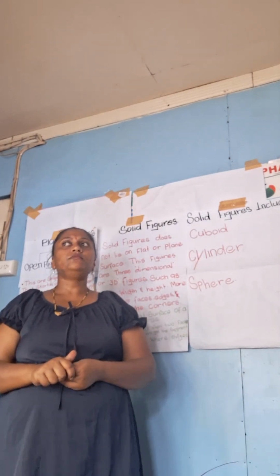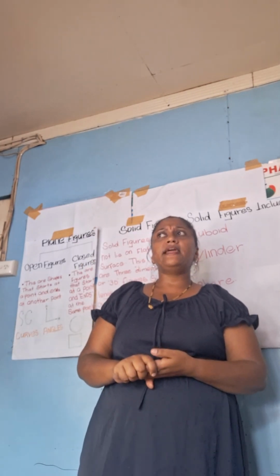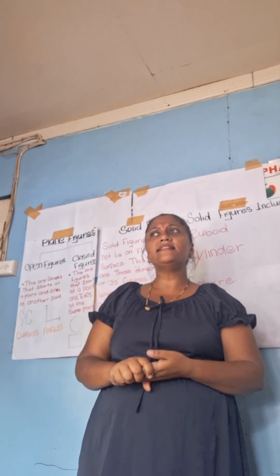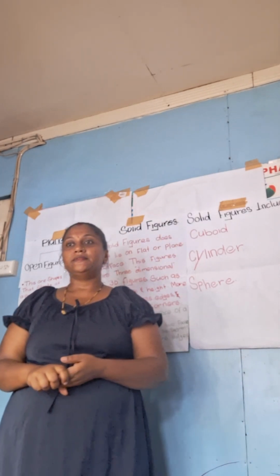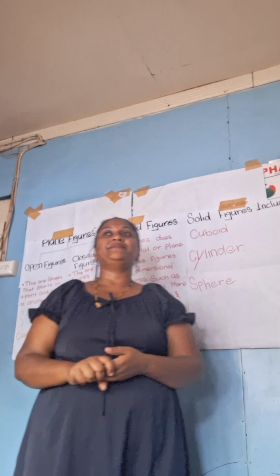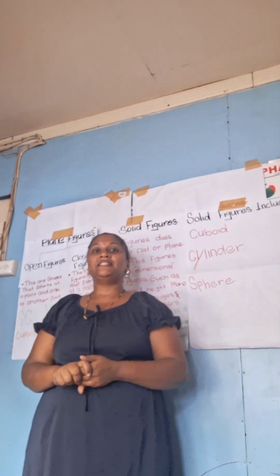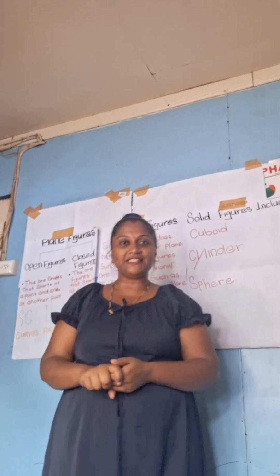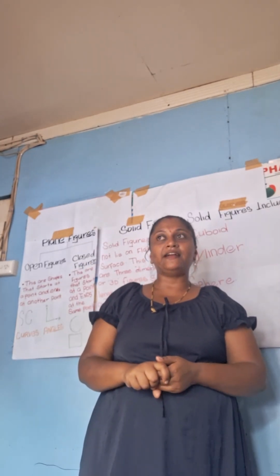Now, before I start, may I know, when I say shapes, what comes to your mind? All right, shapes. There are different types and kinds of shapes. For instance, we have triangle, square, rectangle.